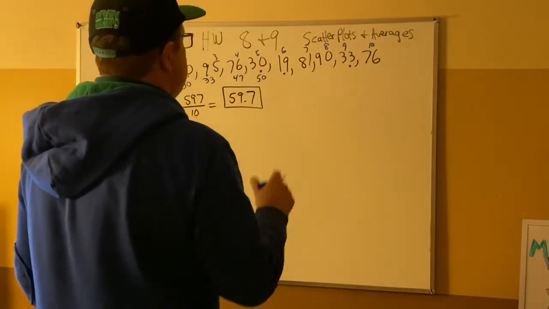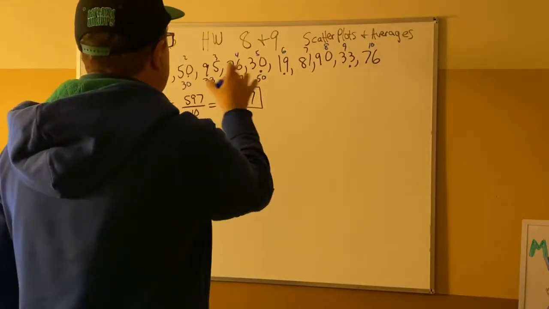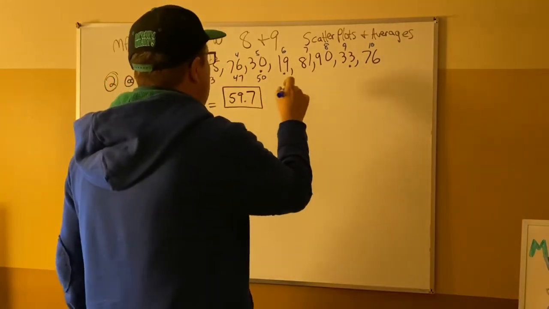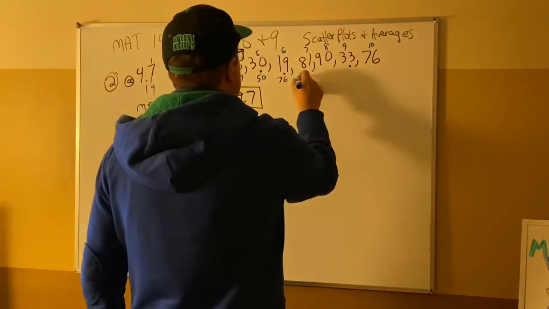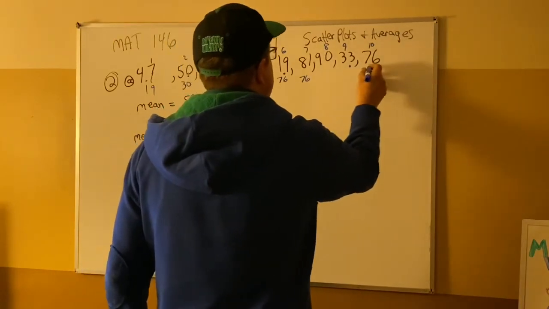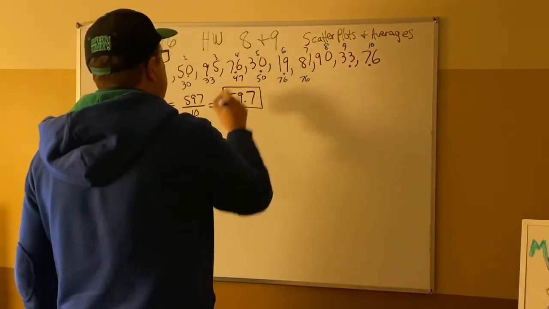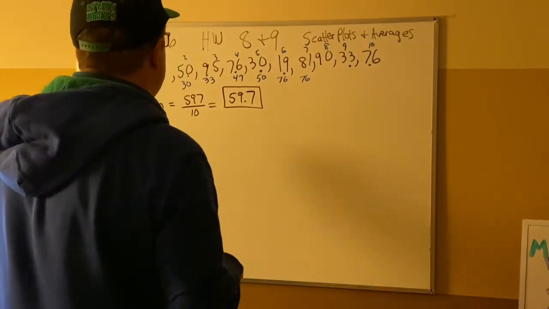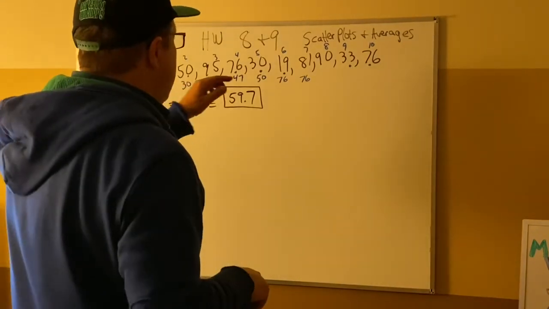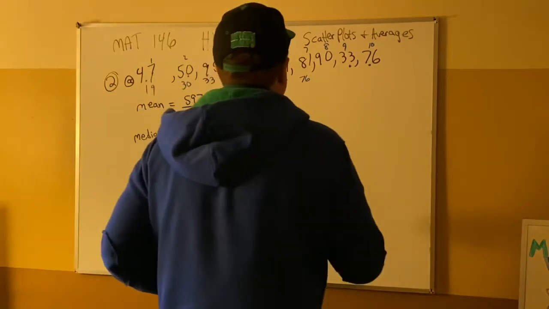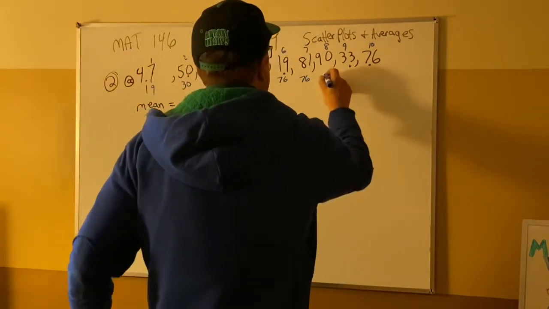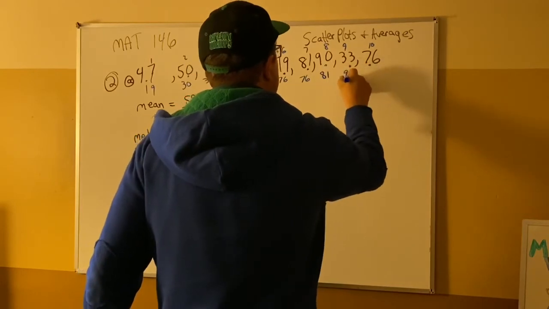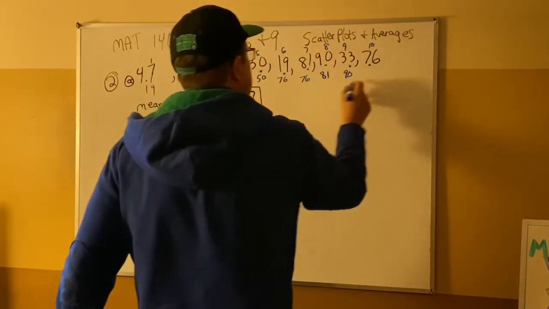Now I look for 60s, and I see none. So I hit the 70s, where I get a 76 twice. And so I wrote it twice because it occurred twice, and I'm looking for anything else in the 70s. Seeing none, I get an 81 and a 90, and I think I missed something. Oh no, I didn't. I got an 81 and a 90 and a 95.